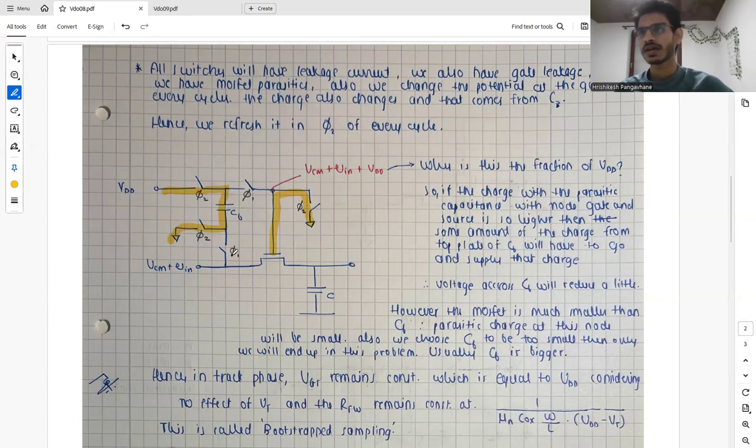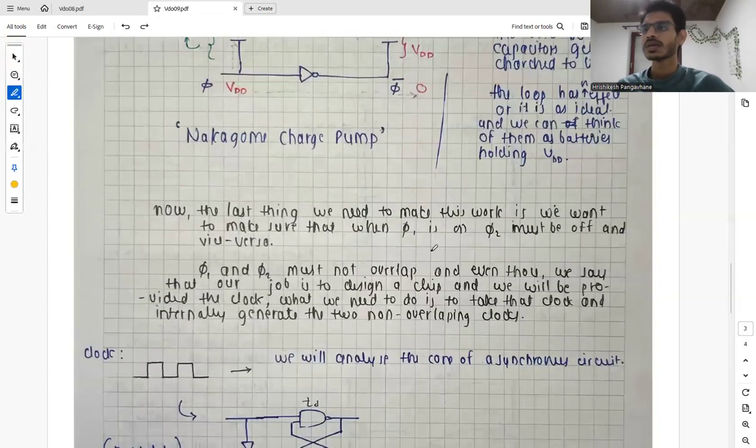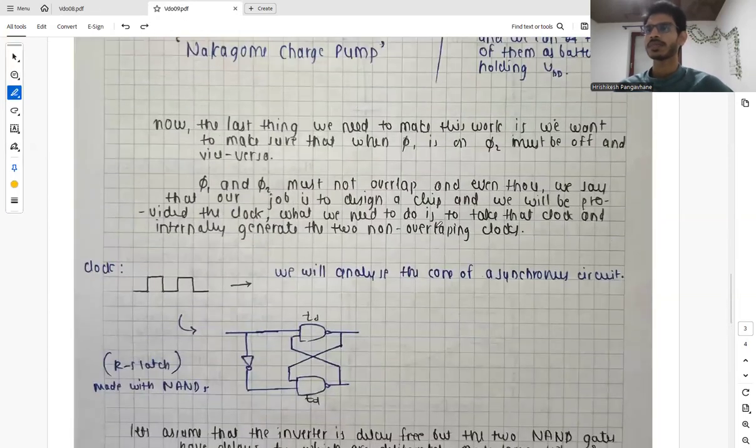So phi 1 and phi 2 are two clocks or two phases. So they should not overlap. They should be separated out. So phi 1 and phi 2 must not overlap.